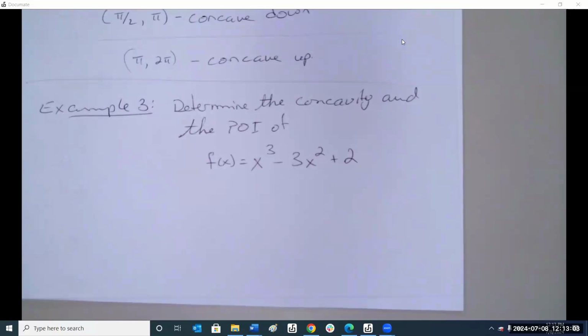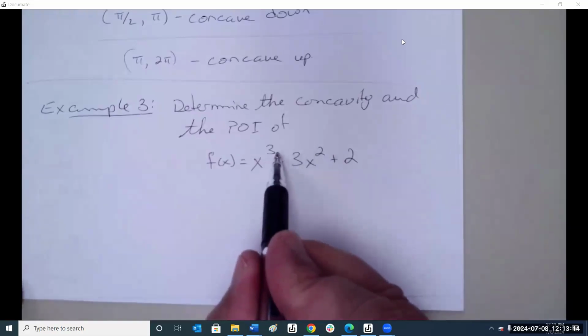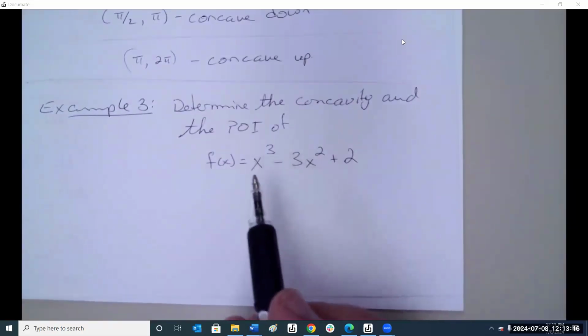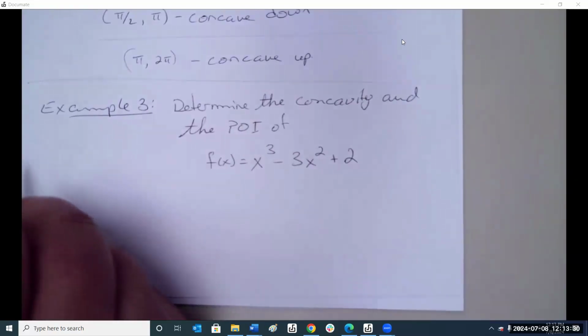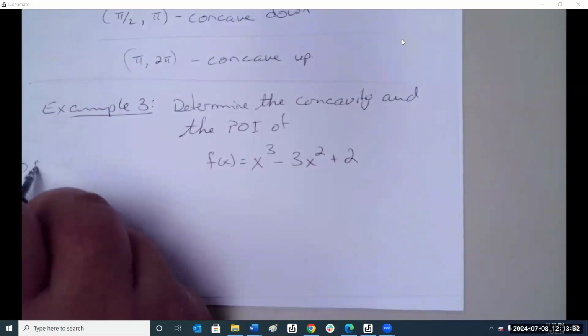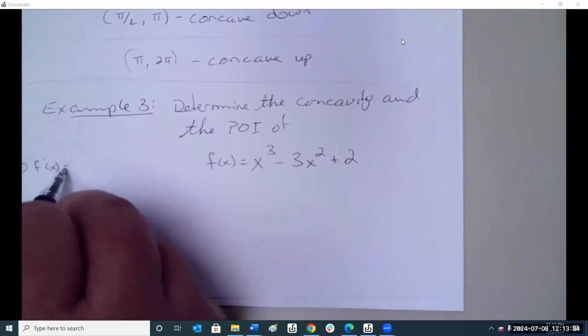So how many vertices are we going to have? Remember, always take away one from the degree. So we're going to have 2 vertices. Since we have 2 vertices, the chances are that we get different concavities. So the first thing we've got to do is find the derivatives.